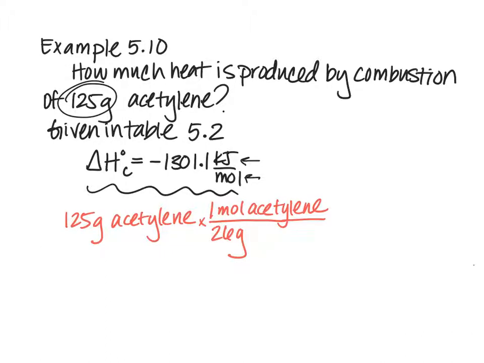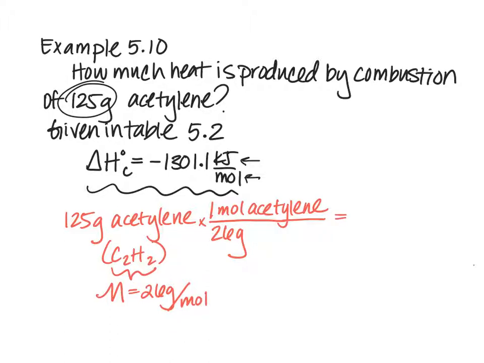Now I know that because if you look at the combustion reaction in table 5.2, acetylene is C2H2. So looking at the periodic table, if I add all of this together, I get a molar mass, which is given the symbol M, of around 26 grams per mole. So that's why I would know that information.